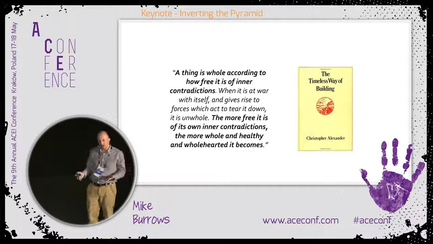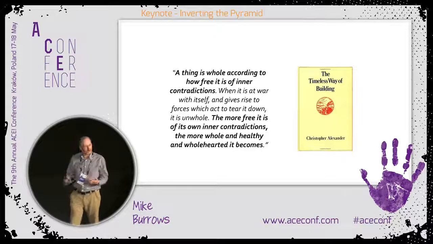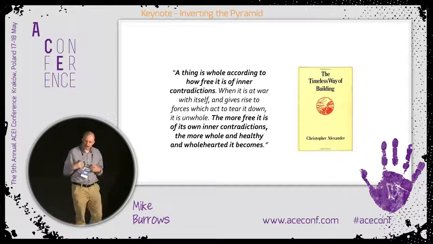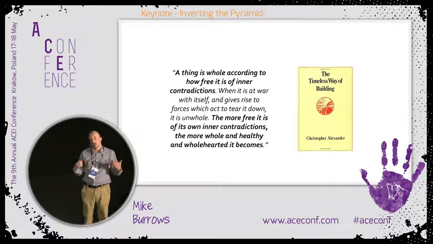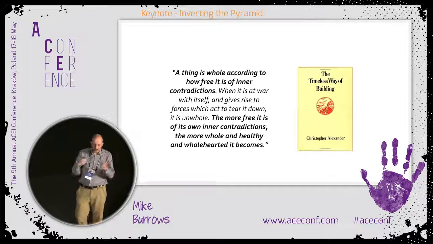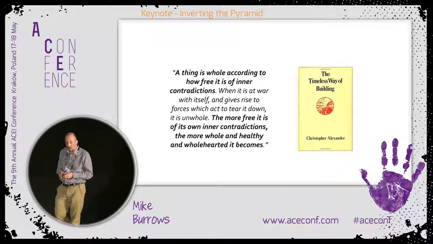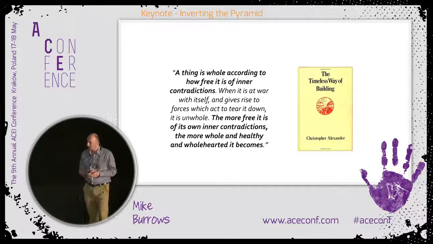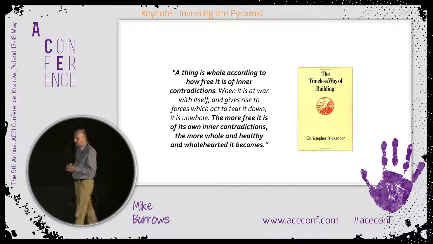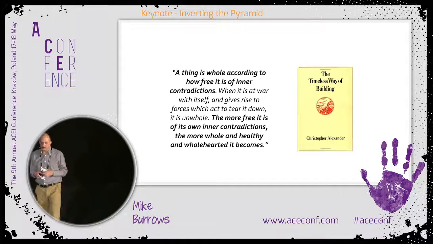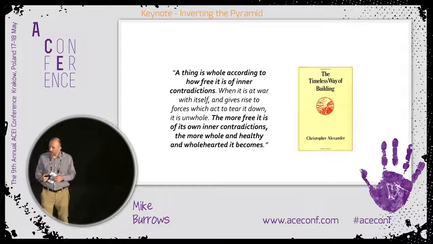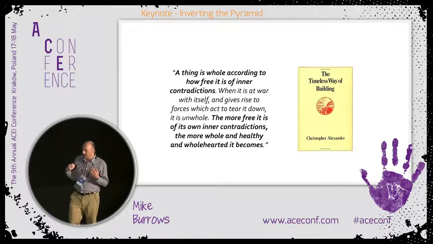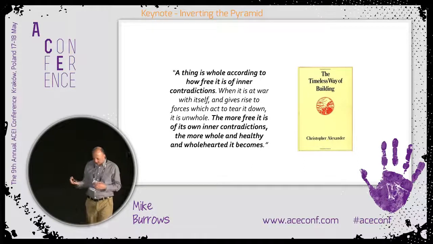It's a book about architecture, the built environment. And it's about patterns, not just as building blocks, but understanding how different patterns relate to each other. You could say it's about colliding ideas again. And there's this lovely quote, "A thing is whole according to how free it is of inner contradictions. The more free it is of its own inner contradictions, the more whole and healthy and wholehearted it becomes." And I love that paragraph.